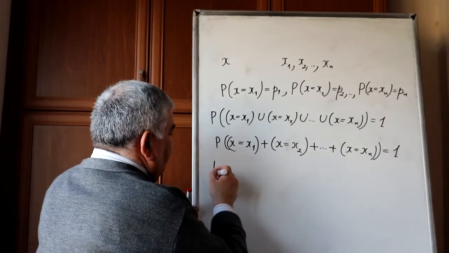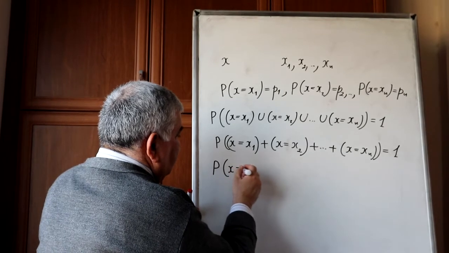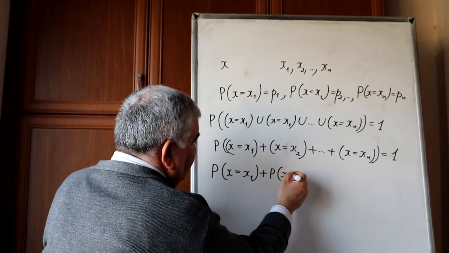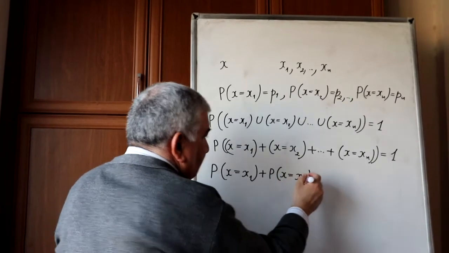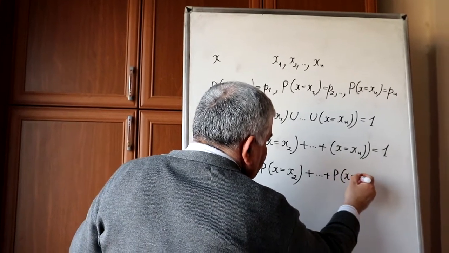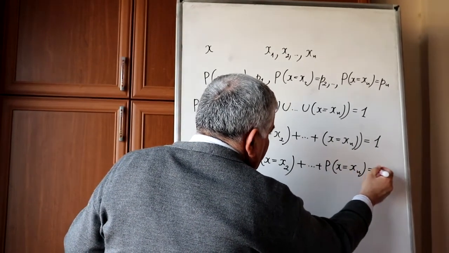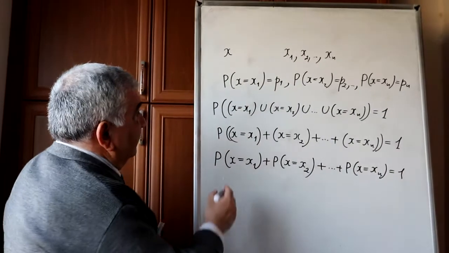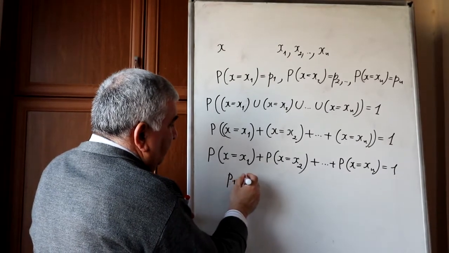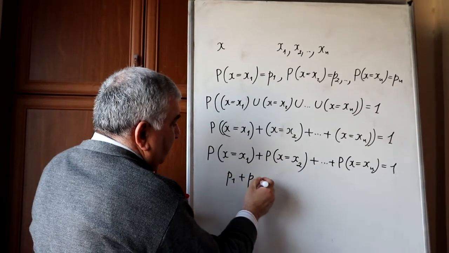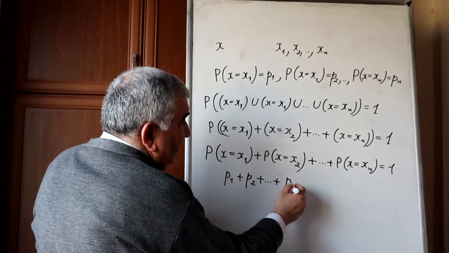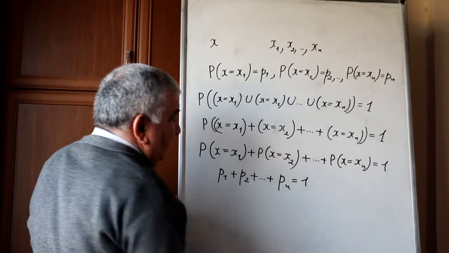Then we have P of x equals x1 plus P of x equals x2 plus P of x equals xn equals 1. It is p little 1, it is p little 2 plus etc. It is p little n is 1.